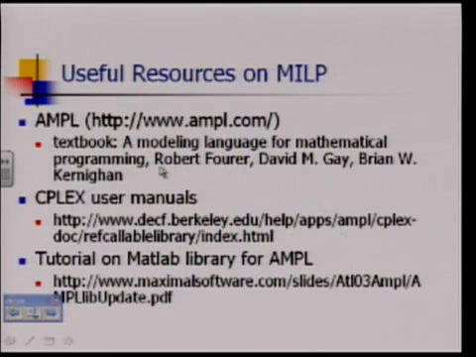Because some of you are concerned that this is not covered in the textbook, I provide some useful resources just for your reference. And for this course, I don't really ask all of you to have a very good understanding of what's going on, but at least I hope you understand the basic idea to handle such a combinatorial problem.